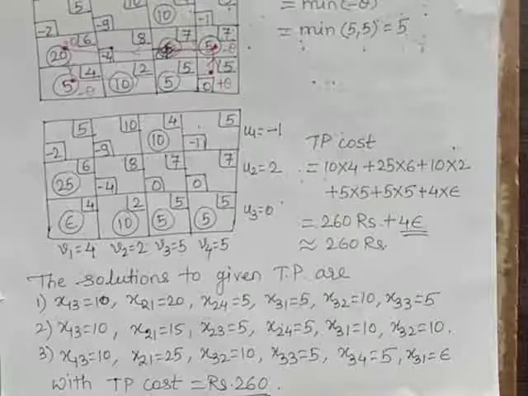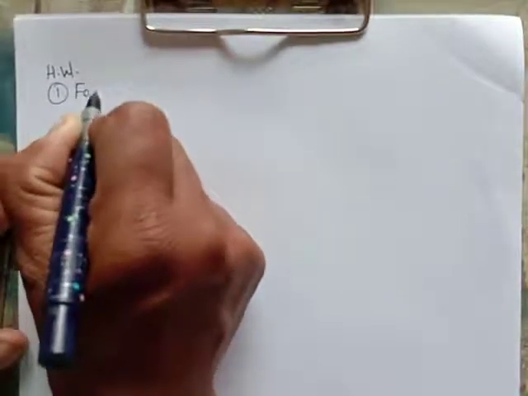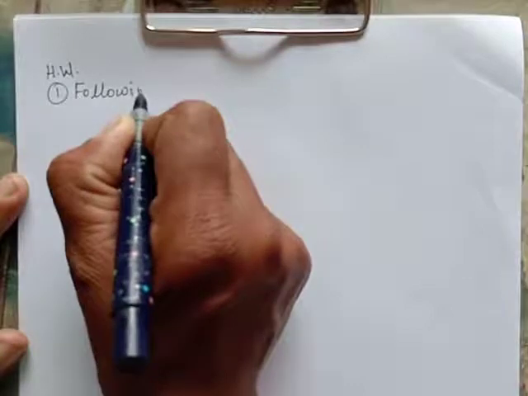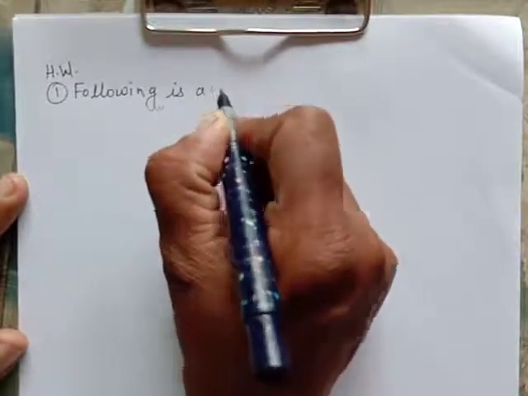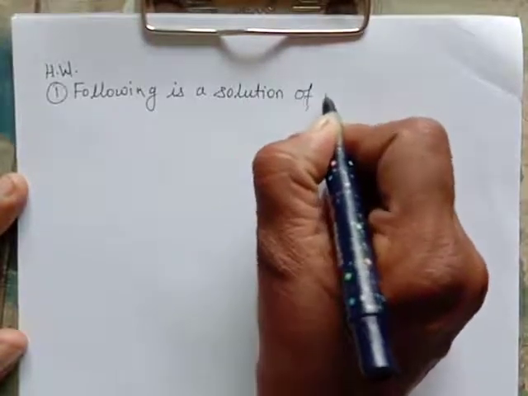Now let me give one example as homework to you. Solve that one for homework, and the same questions are there: is this feasible, is it degenerate, is it optimal or not. Now let me give a problem to you. Homework. Following is a solution of a TP.